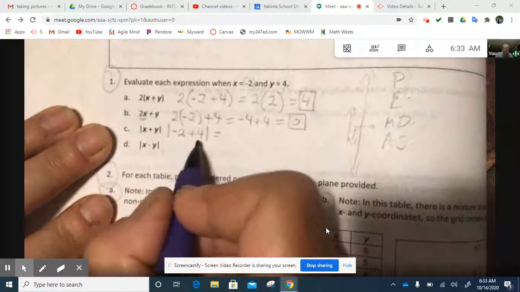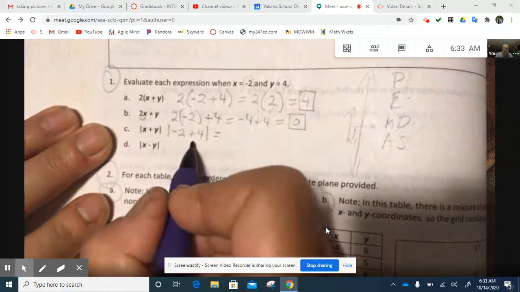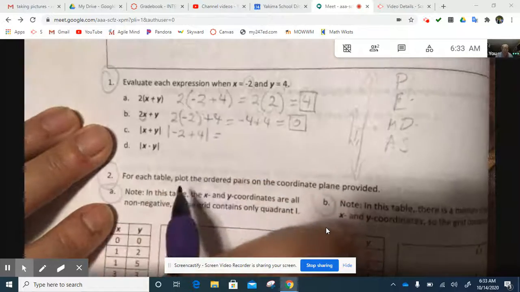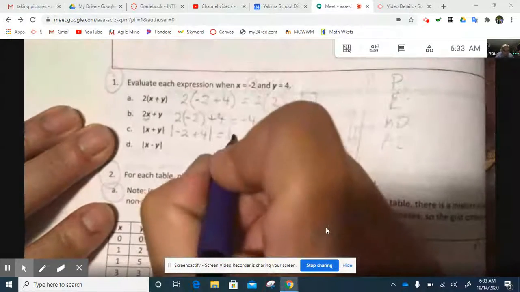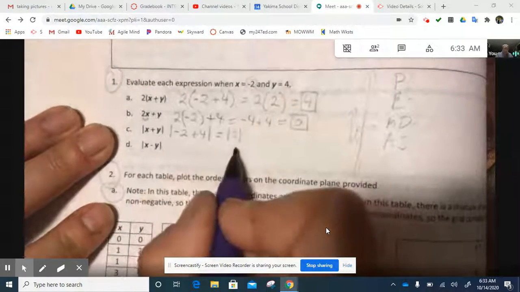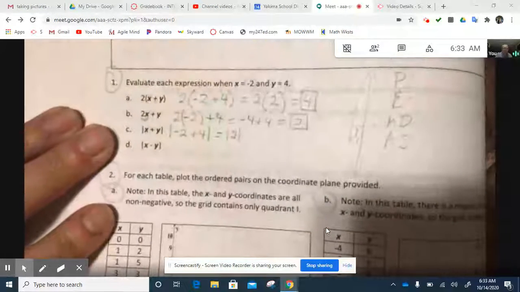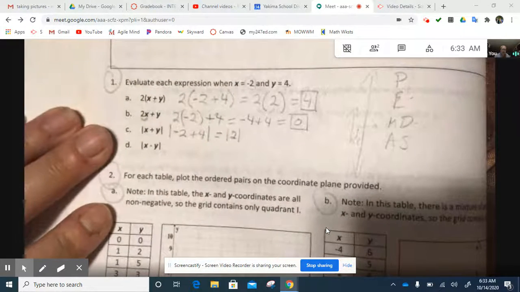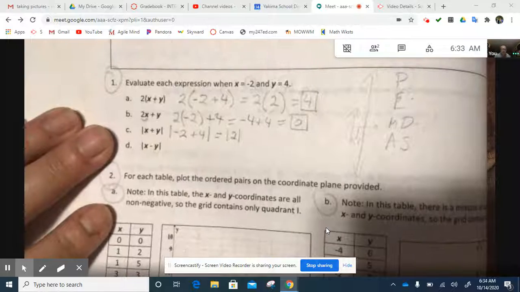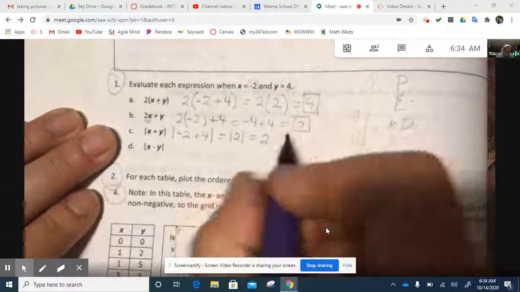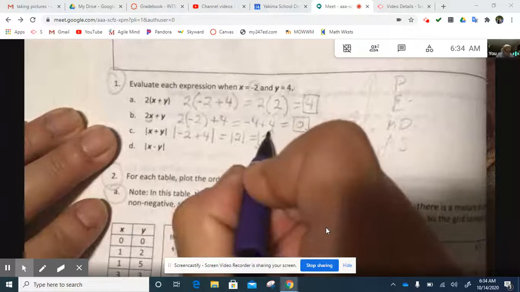So we have -2 plus 4, which is exactly what we did up here, which gives us a +2. So absolute value of +2 means how many units away from 0 is +2? Well, it's 2 units away from 0. So that means the absolute value of 2 is 2.